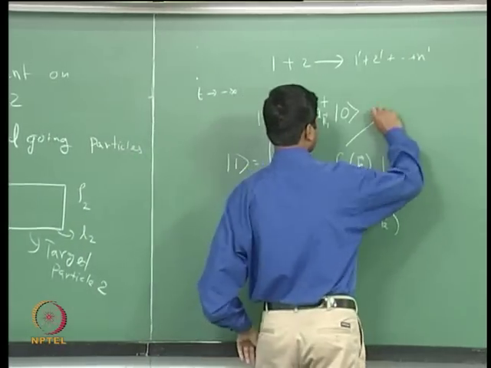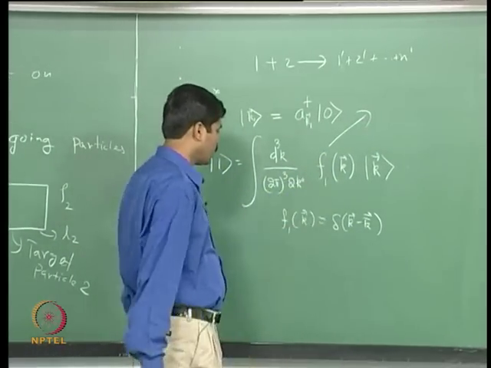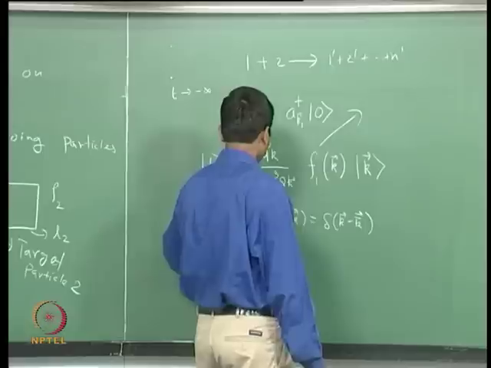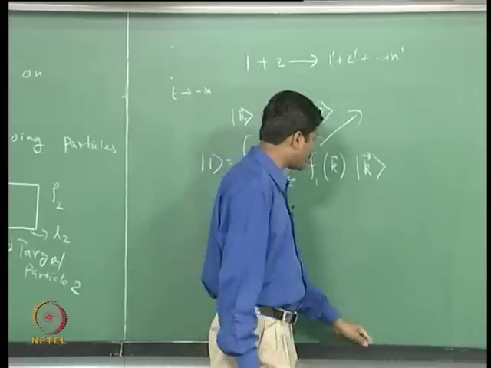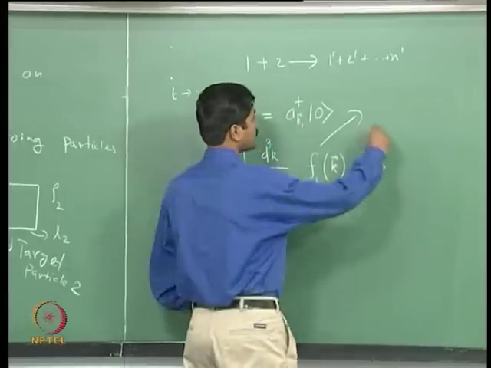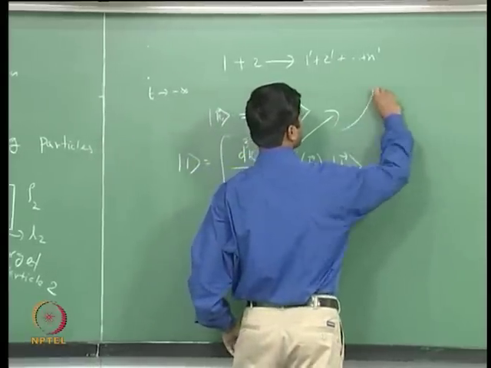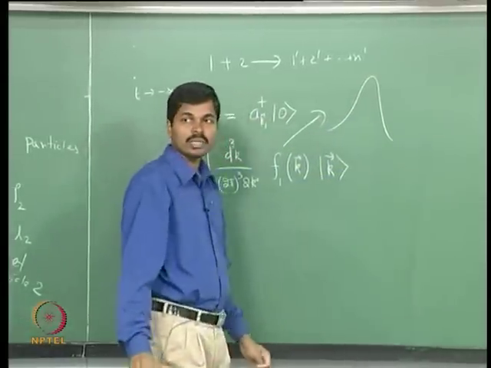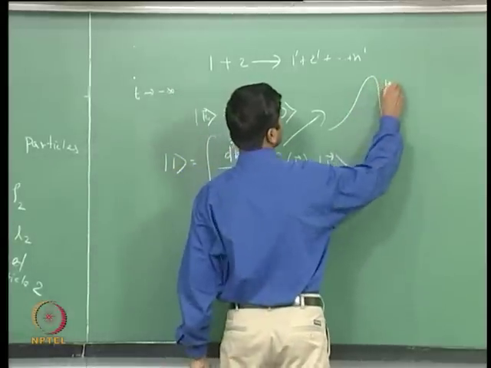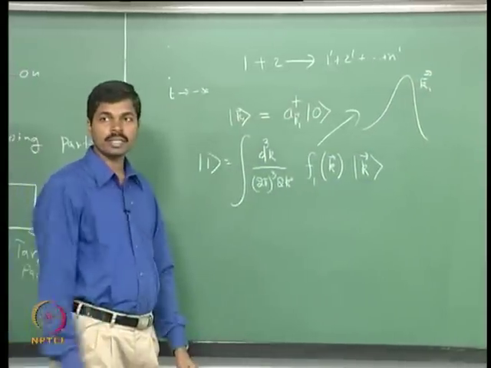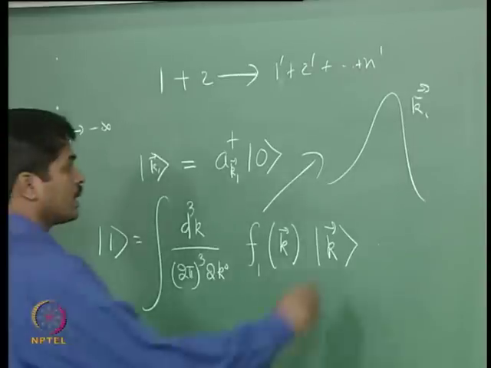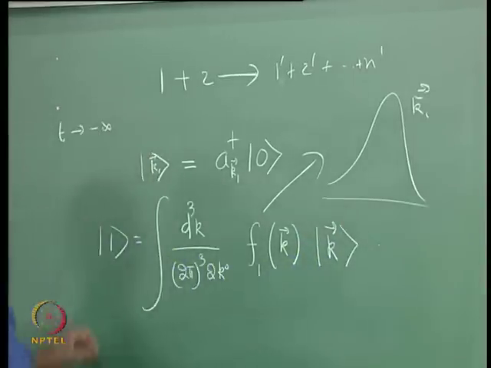This f1 is some distribution. You do not need to know the exact form of this f1, except that it has a fairly well defined momentum, which is the average momentum peaked around a certain value, which I will call k1 bar. So, you have a distribution with a peak around k1 bar.